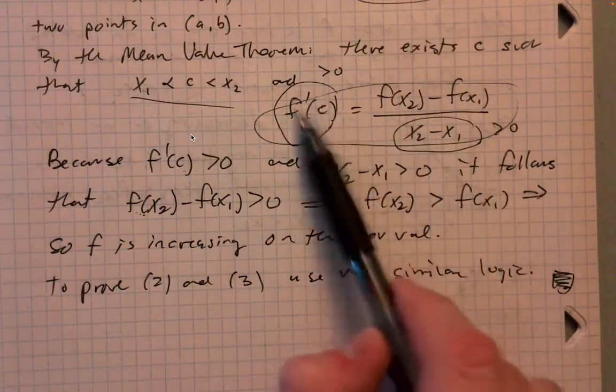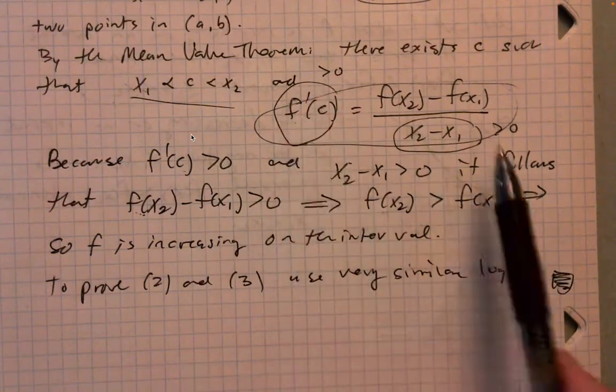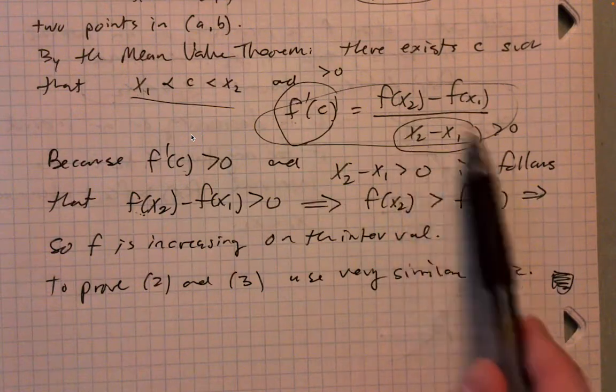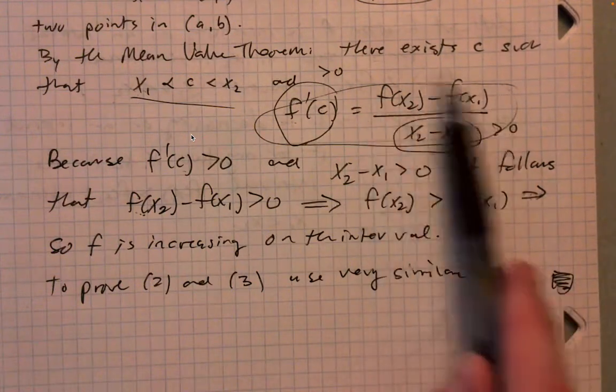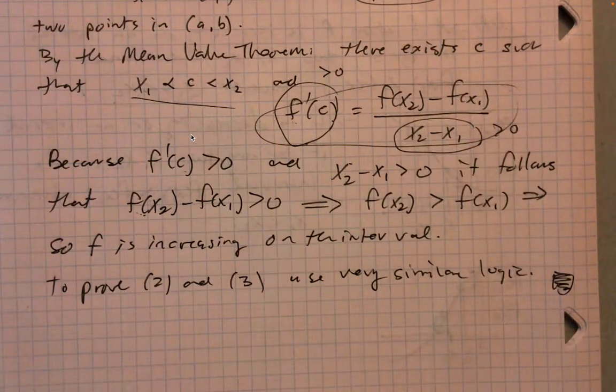In the case of 2, this would be assumed to be less than 0, and this would be assumed to be greater than 0, and so that's going to imply that this is less than 0. So it's almost exactly the same moves. The inequalities would be a little bit different, but that's simple, easy to negotiate. And in case 3, again, also very similar.